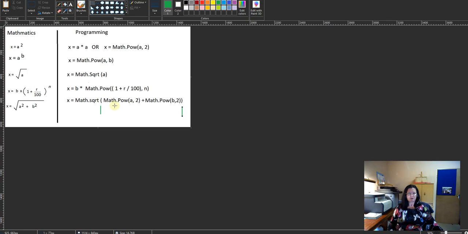Whenever I call a function like this, a function call executes before any of the operators. So that means math.power a to the power of 2, and b to the power of 2 will first be calculated before those two results are added together. That result will then be sent to the square root function, and it's going to give us the square root result, which is saved in x.